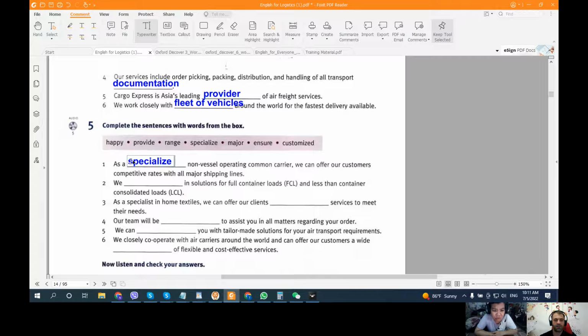Okay. Now, number 2. We provide solutions for full container load FCL and less than container load consolidated.